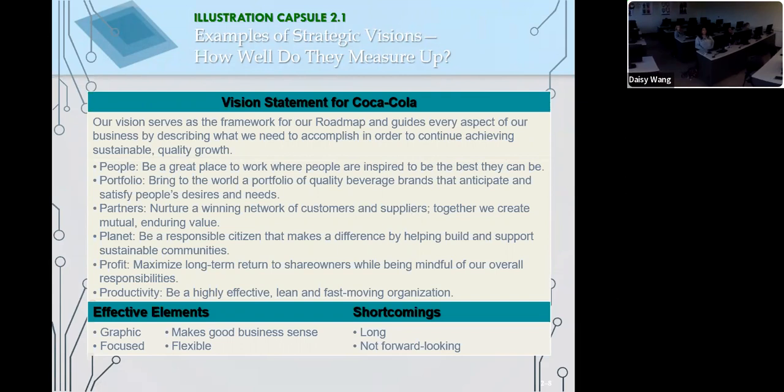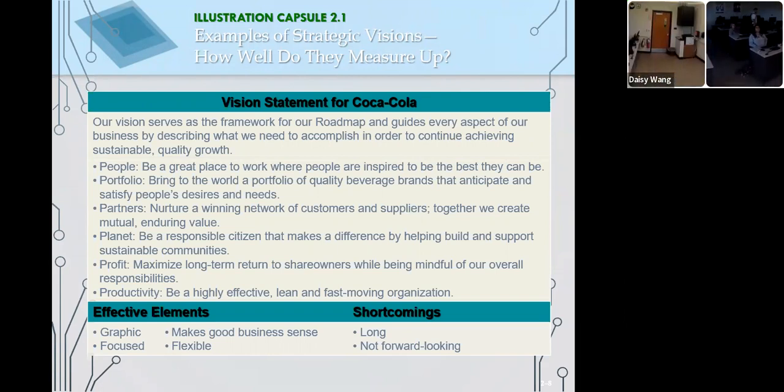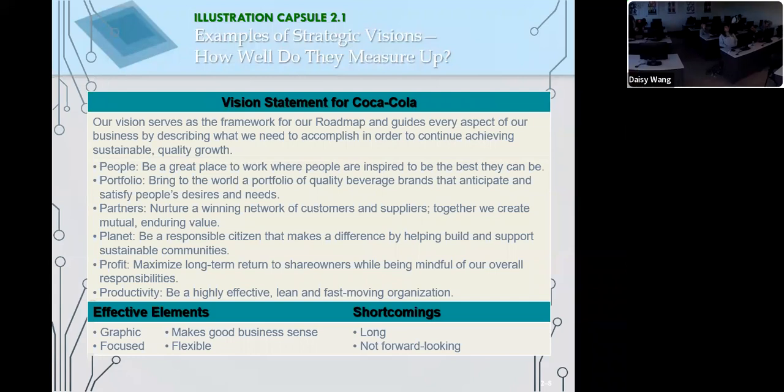Partners, nurture a winning network of customers and suppliers. Together we create mutual enduring value. Planet, be a responsible citizen who makes a difference by helping build and support sustainable communities. Profit, maximize long-term return to share owners while being mindful of our overall responsibilities. Productivity, be a highly effective, lean and fast-moving organization.